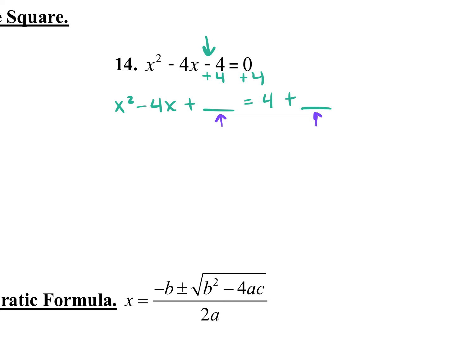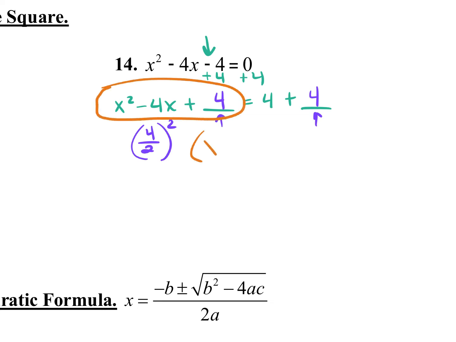Now it's a positive 4. So 4 divided by 2 squared is 4. Okay, now we can factor that. So what does this factor to? X minus 2 squared equals 8.